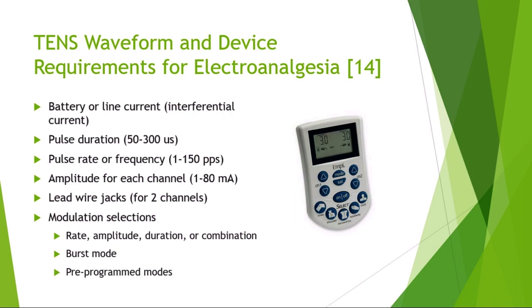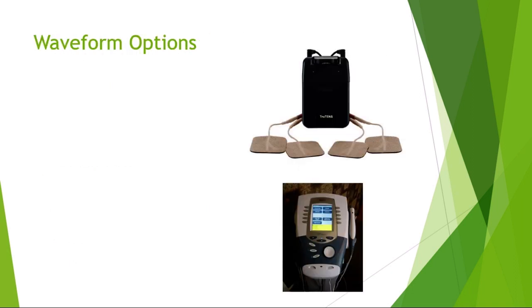Pre-programmed modes, like you'll see on this machine, and we have these in the lab that we'll look at. They have knee, back, shoulder, etc. Those are preset modes because this is targeted to an end user. That's not saying that you have to use the knee mode on your knee. You can experiment with different modes and see what works the best for you.